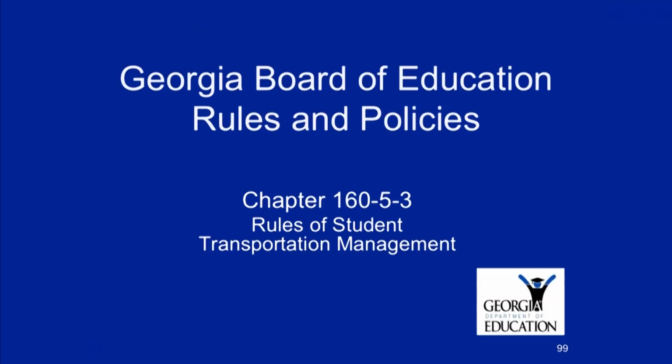Okay, let's move on to this last area of regulation. This is the 160 code. Again, these are rules written by the Department of Education, usually under the direction of the General Assembly. So the General Assembly, as I said, will say the Department of Education must promulgate regulations to ensure.